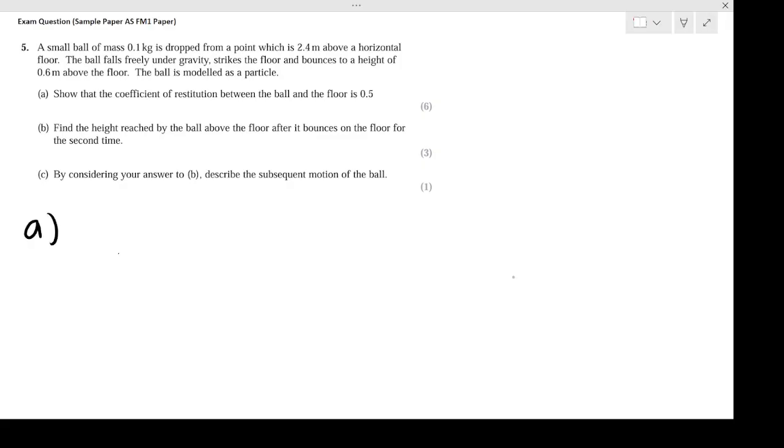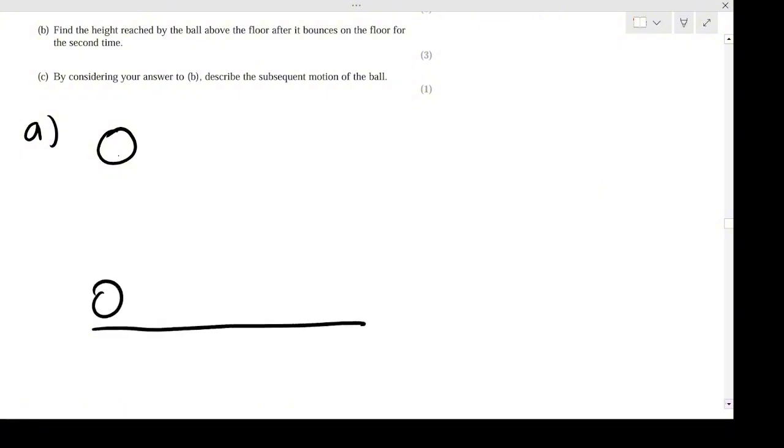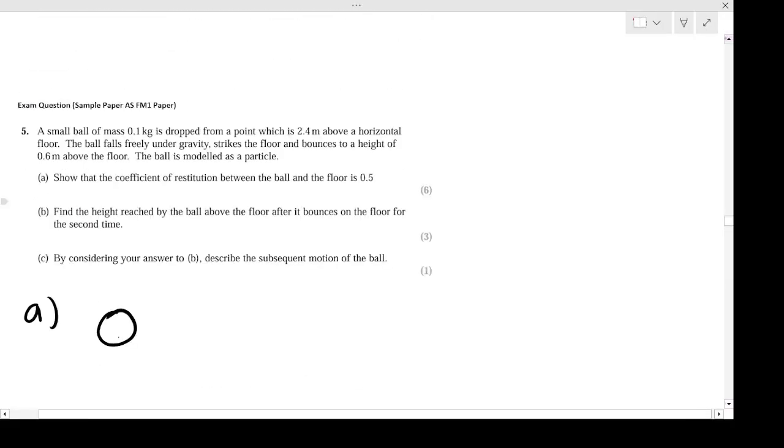So once again we've got this scenario where we've got a ball dropping down. So it's going to hit the floor like this. Now, you can guess that the initial speed is again going to be 0. It's going to be from rest. They're quite subtle with it. They don't state it starts from rest, but the wording kind of implies it, because it says it's dropped from.